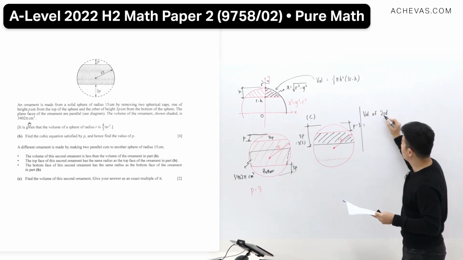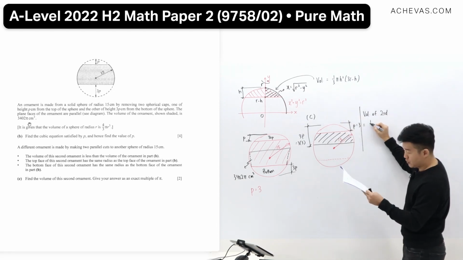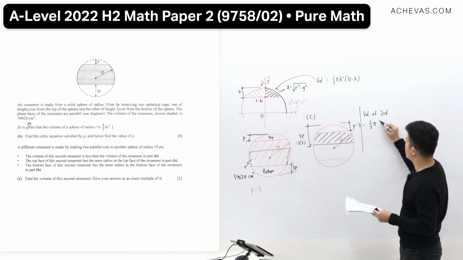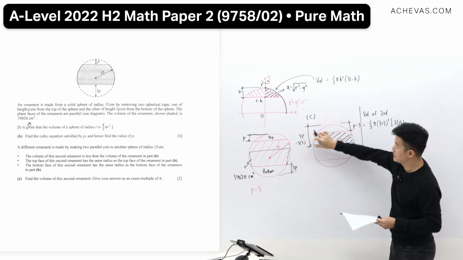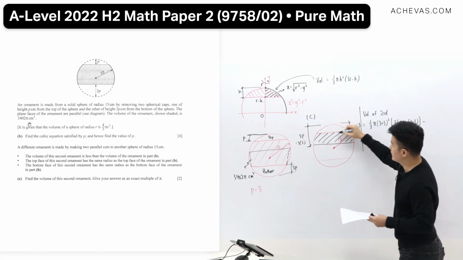So the volume of this second ornament is going to be the bigger cap, making use of this. We will have 1 over 3 pi, height is 3 times 3, so (3 times 3) squared, then 3 times r, which is 15, minus the height, again 3 times 3. Then minus away this portion.